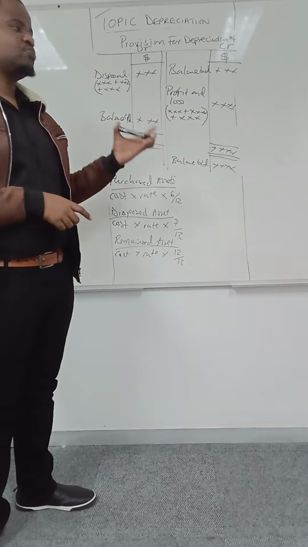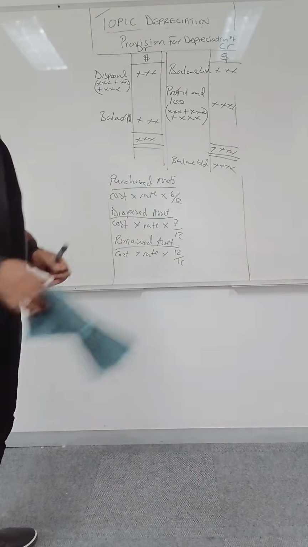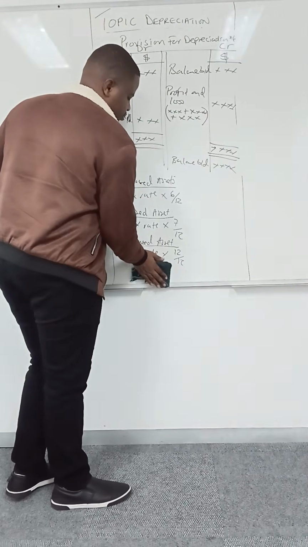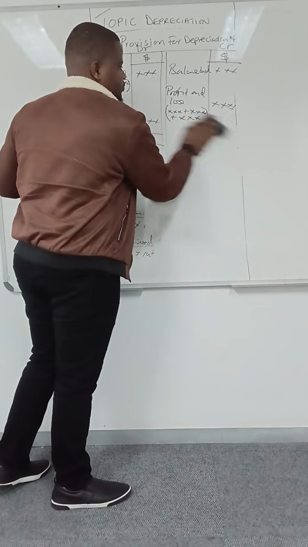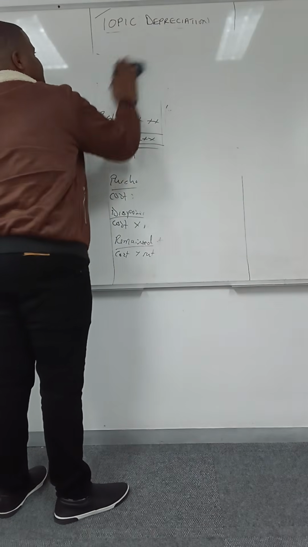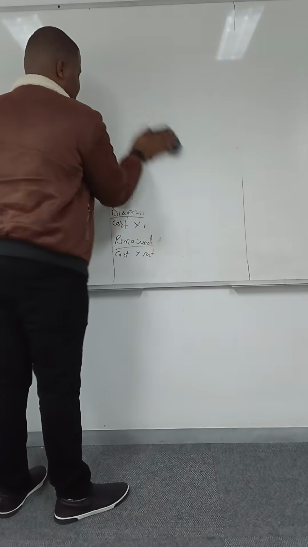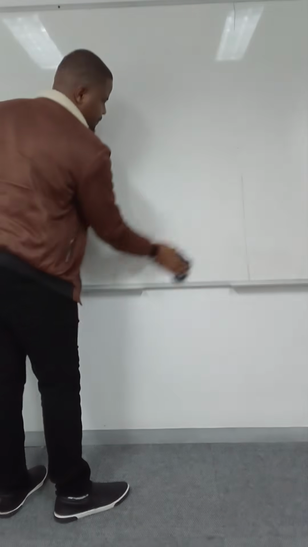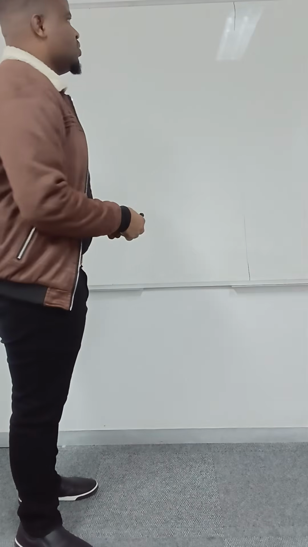Right. So let's move on to the disposal account. We did the asset account, we did the provision for depreciation account, now the disposal account.